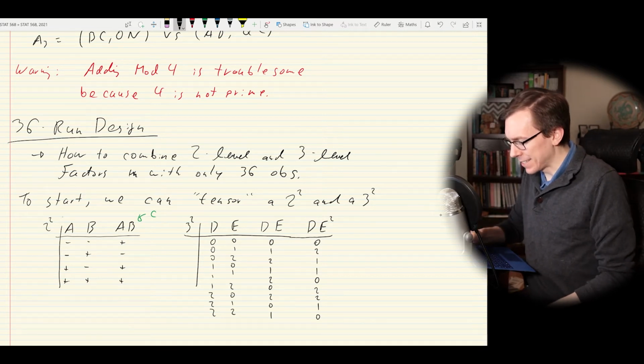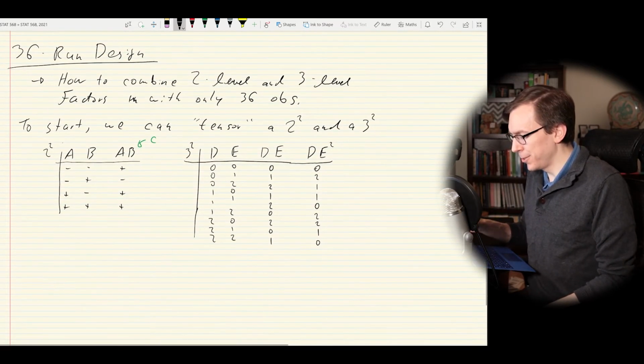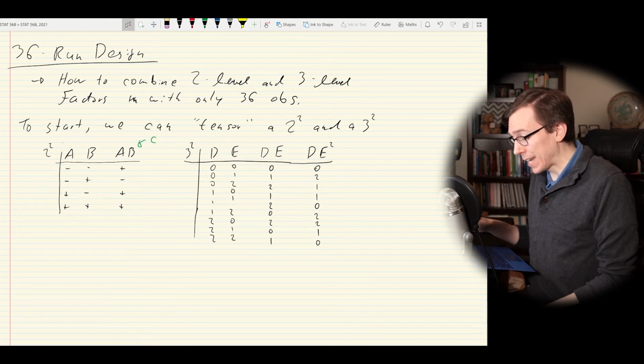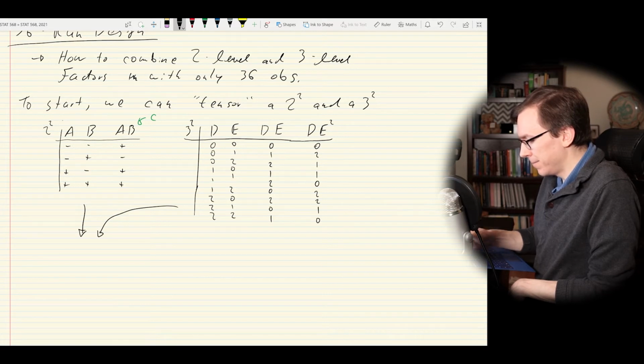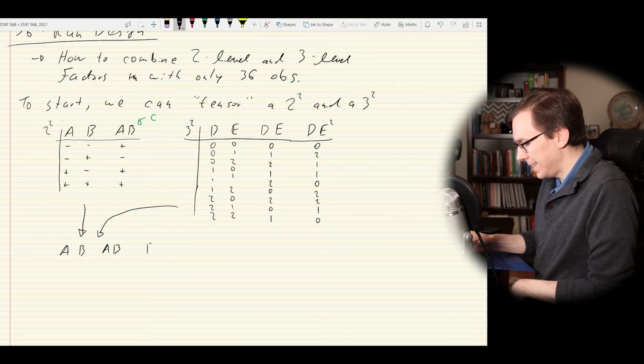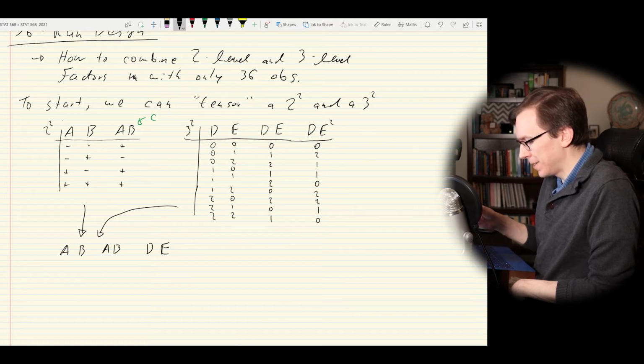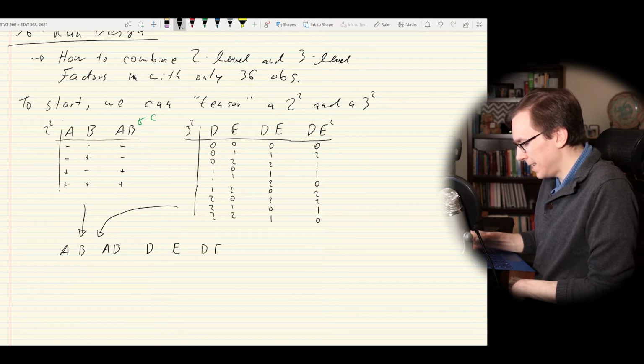Anyway, the idea is that I could take these two tables and combine them into one super design, kind of like I said before, which would have columns that look like A, B, D, E, DE, and DE squared.